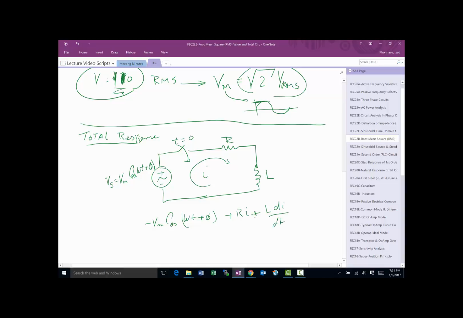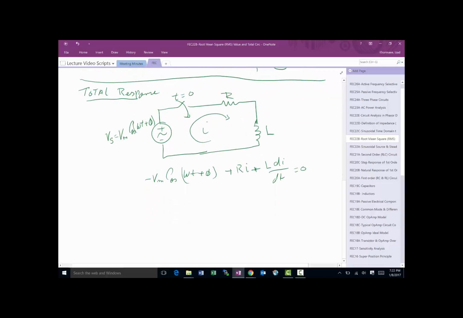As we discussed last quarter, this is a first order differential equation. We can solve it. I'm not going to take time here to solve it, but if we do, we will find that I of t is minus Vm divided by the square root of R squared plus omega squared L squared, times cosine of phi minus theta, times e to the minus R over L times t.